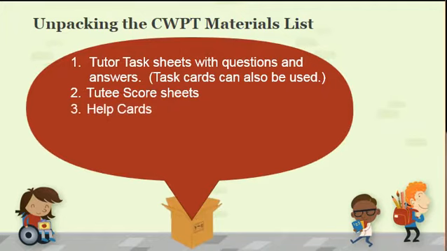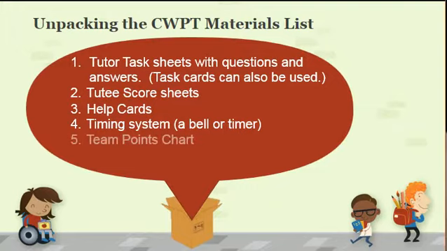A timing system, which can be a bell, a timer, or any timing device with an audible signal. Team point chart, created on a poster board chart that has two columns listing team names, point totals of daily and weekly winning teams. Adhesive stars or stickers for the whole class point chart to tally points.